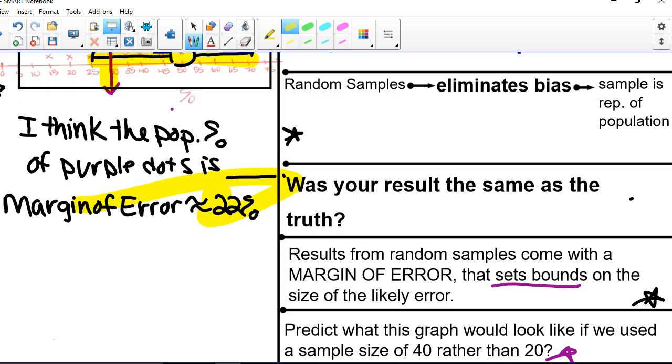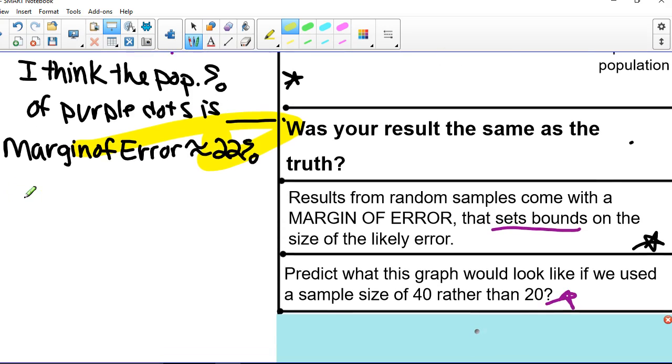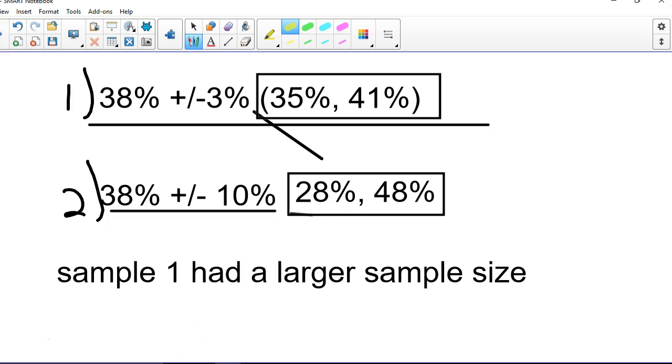Then finally, we talked about variation and the importance of variation. Predict what this graph would look like if we used a sample size of 40 rather than 20. Now, right here, when I highlight it, this is something different, but this is talking about what's going to happen.